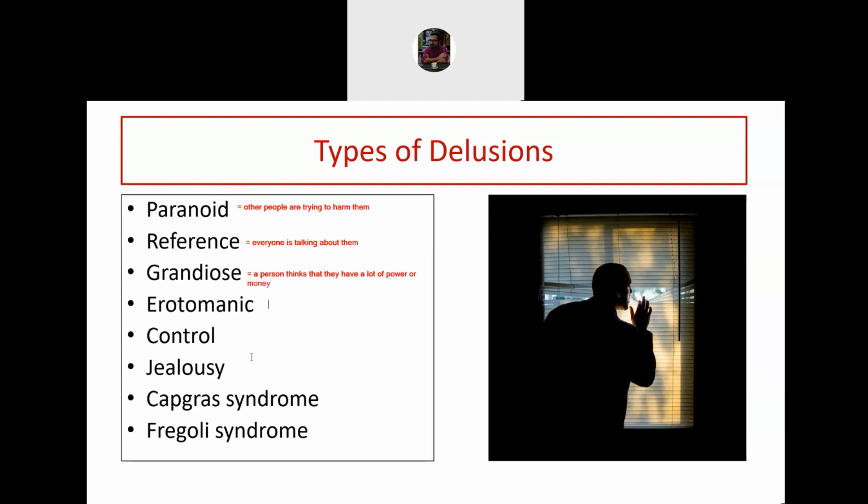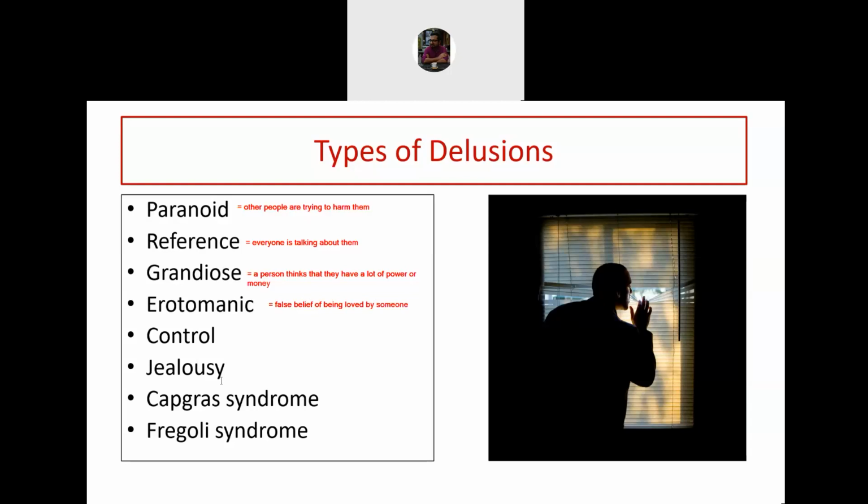Erotomanic delusion, where a person thinks that another person loves them, but actually maybe the two persons don't even know each other. So it's a false belief of being loved by someone. And often that someone is such a bizarre concept that either the person doesn't exist or the person has never met.